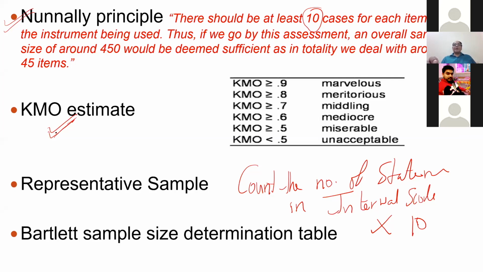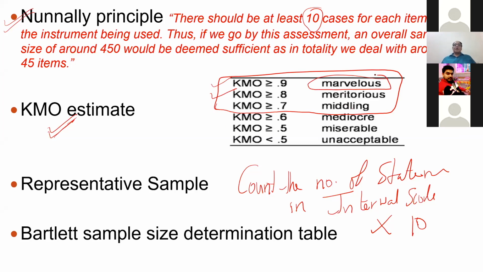The KMO estimate should be greater than 0.7. Any KMO value greater than 0.7 is fine. If it is more than 0.8, it is meritorious, and if this value is greater than 0.9, then you can say my sample size is marvelous.